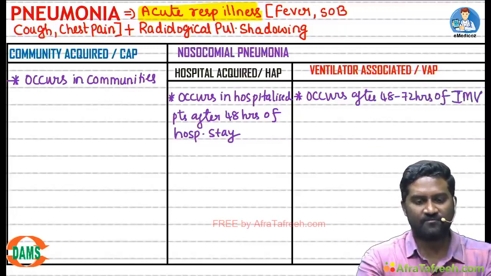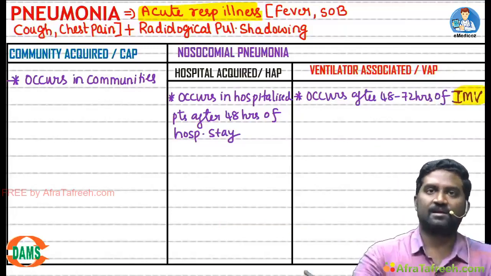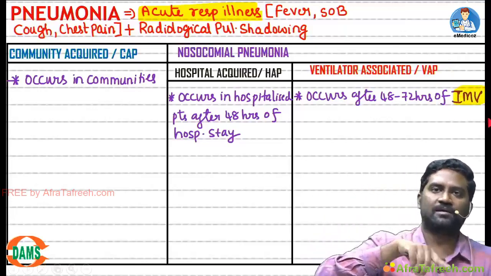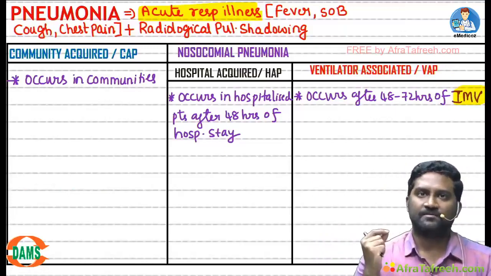IMV. What is IMV, students? Invasive mechanical ventilation. Invasive mechanical ventilation means you will put a tube into the trachea and give ventilation. Ventilator associated pneumonia occurs after 48 to 72 hours of invasive mechanical ventilation.